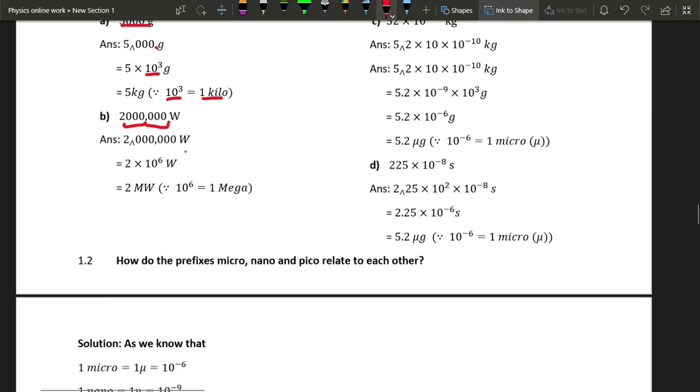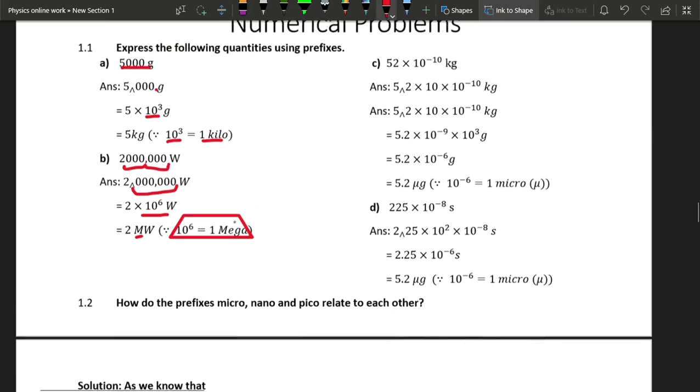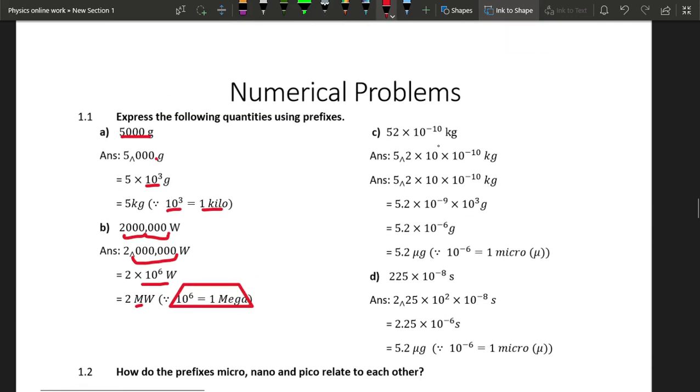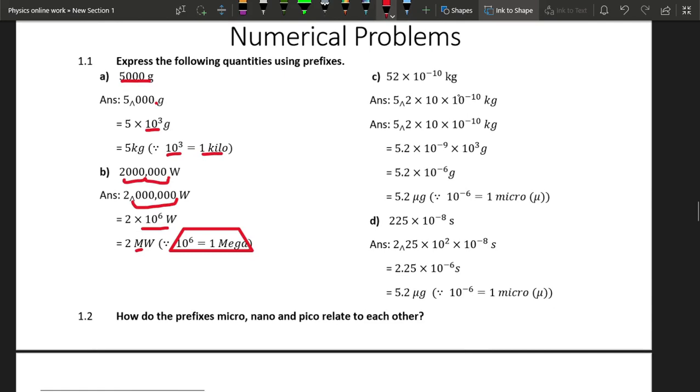If we move the point 6 digits, it will be 2 into 10 raised to power 6, and 10 raised to power 6 is mega. So we can replace 10 raised to power 6 with M, which gives megawatt. Similarly, you can solve these two questions by yourself.